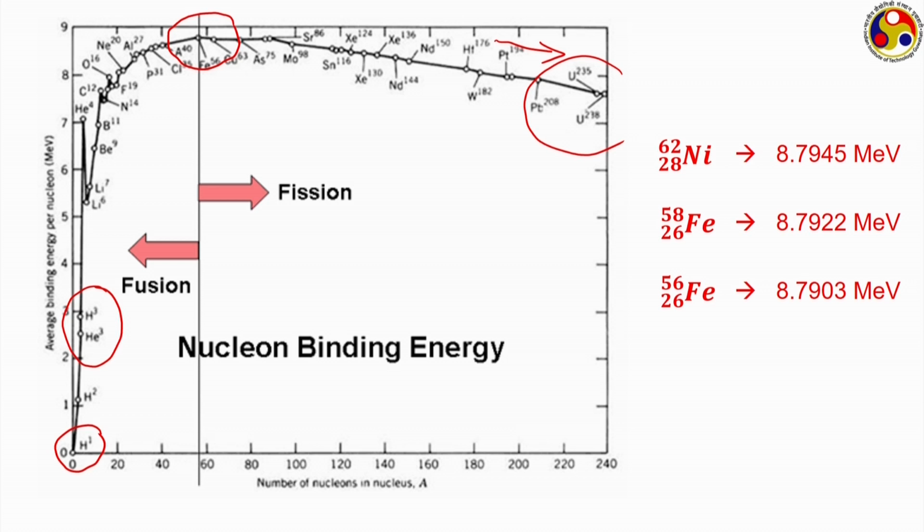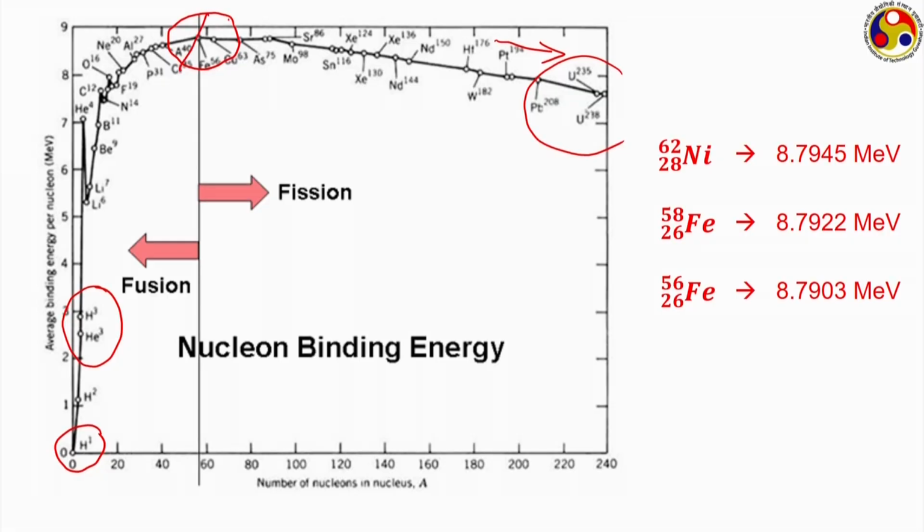Generally, any isotope wants to be at a state which gives it the maximum amount of stability from a nuclear reaction point of view, and therefore it would like to have its binding energy per nucleon value as high as possible. That means any nucleus, whatever may be its mass number, wants to undergo some kind of nuclear reaction which allows it to move towards this particular band of binding energy per nucleon, which is around a mass number of 60.